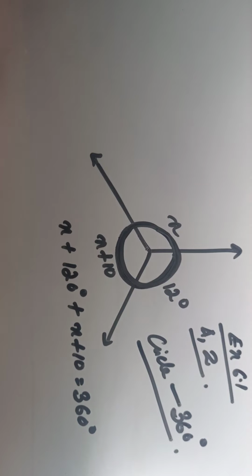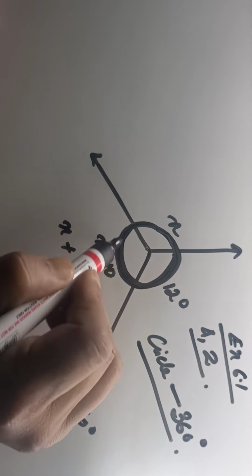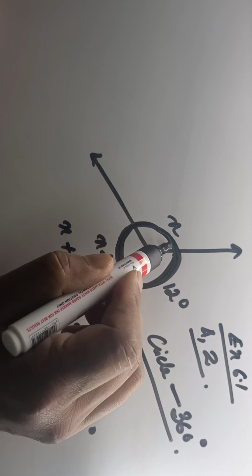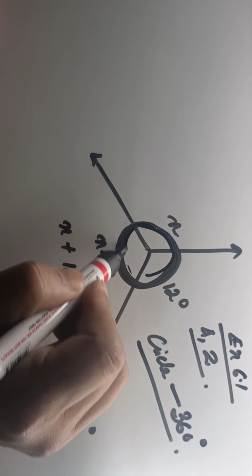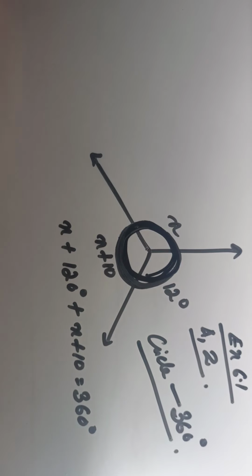Why 360? As I told you, the whole thing over here we can assume to be a circle. The sum of these three angles, when they are joined together as a whole, more or less form a circle. That is why we are using 360 degrees, since the total sum of the angles for a circle is 360 degrees.